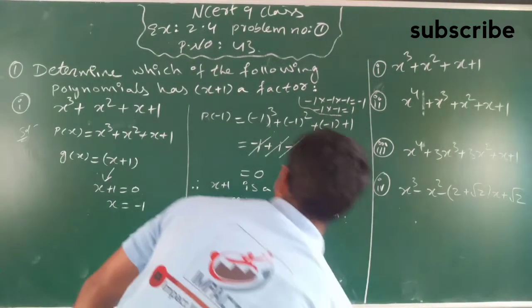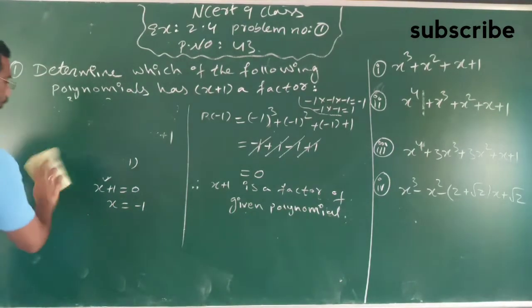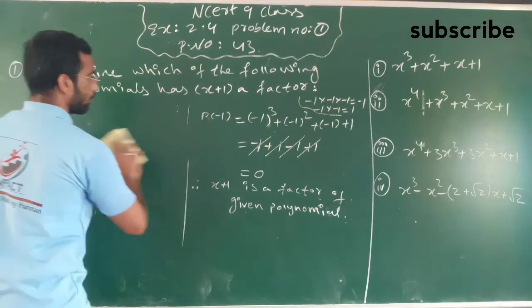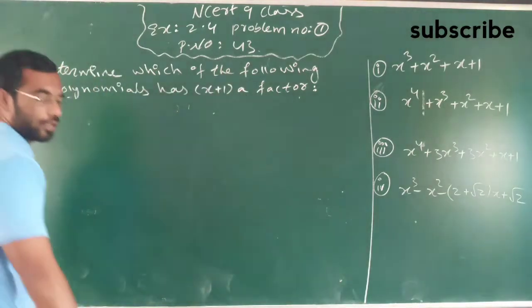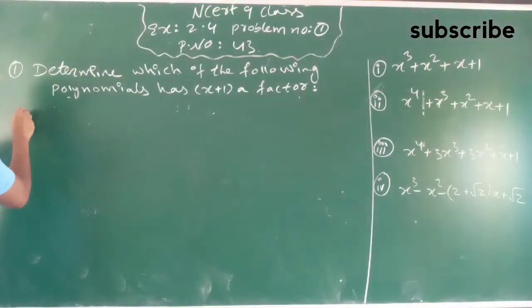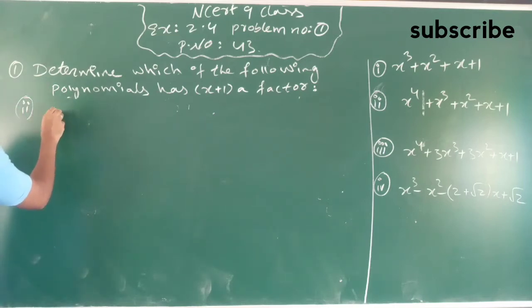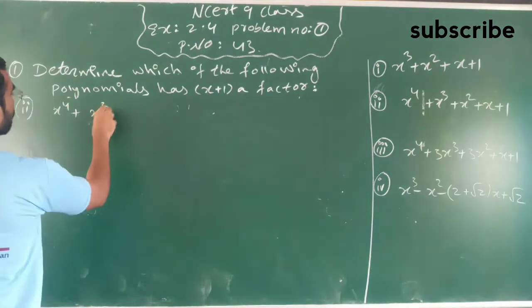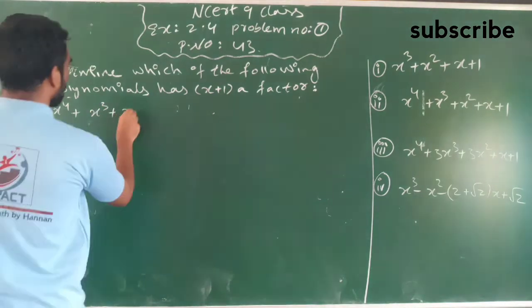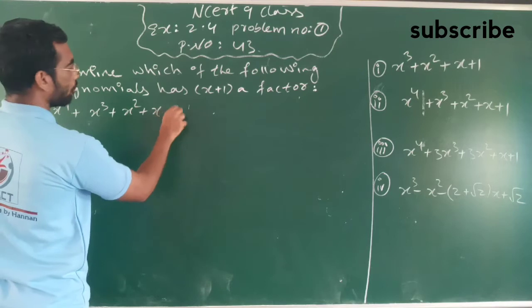Now we will go for the next question, the second one. It is given as x to the power 4 plus x cube plus x square plus x plus 1.